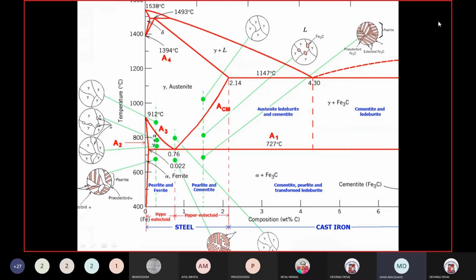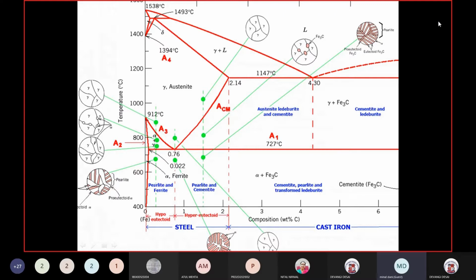So here what happened, as I told you, is the eutectoid reaction. In the eutectoid reaction, when you heat the steel from room temperature to above 727 degrees Celsius, it will transform to another phase. So exactly at 0.76 percentage on the dotted line, the phase present is known as pearlite.